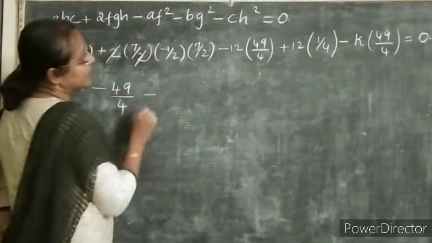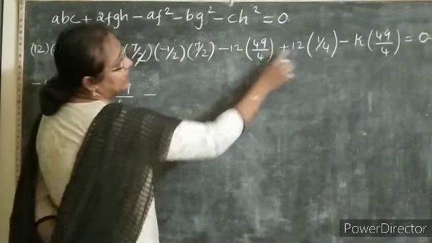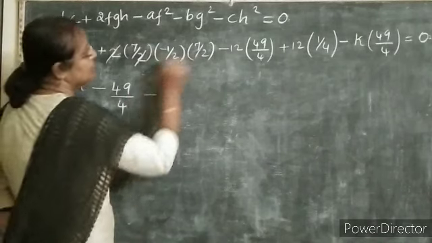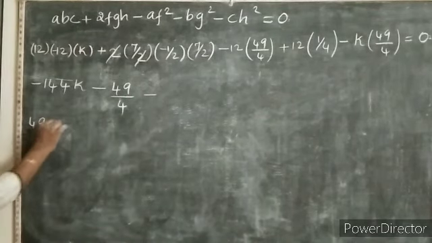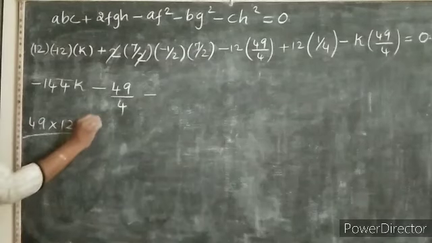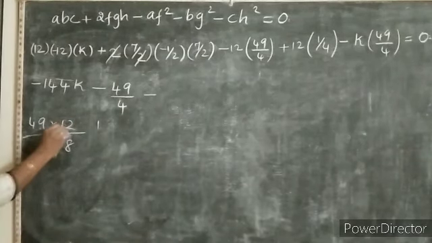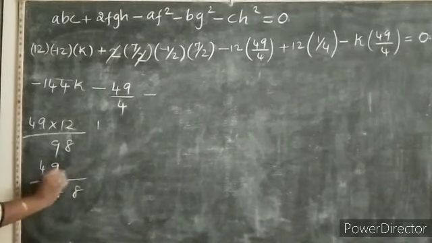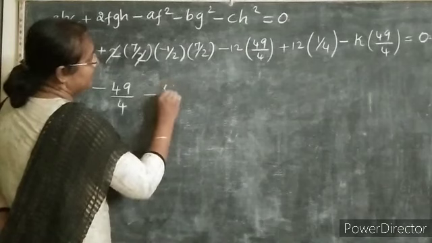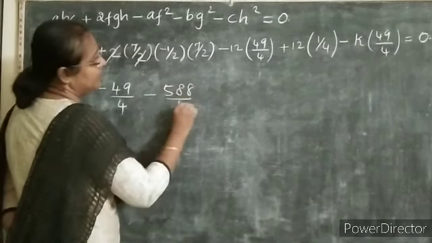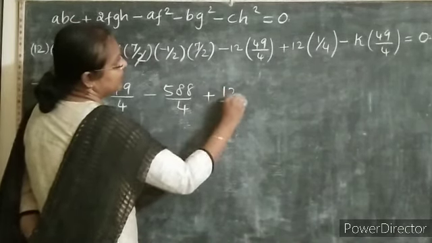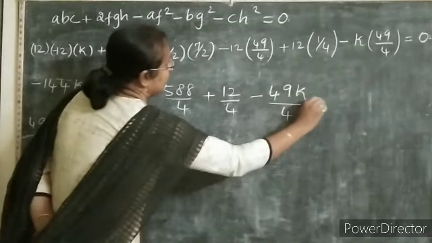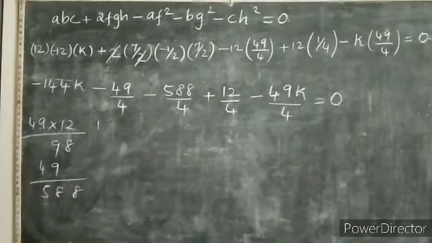Now minus 12 into 49, with 12 into 4, don't simplify it yet. 49 into 12: 49 into 2 is 98, and 49 into 1 is 49, so 588. So I will get 588 divided by 4 plus 12 divided by 4 minus 49K divided by 4 equal to 0. Yes or no?